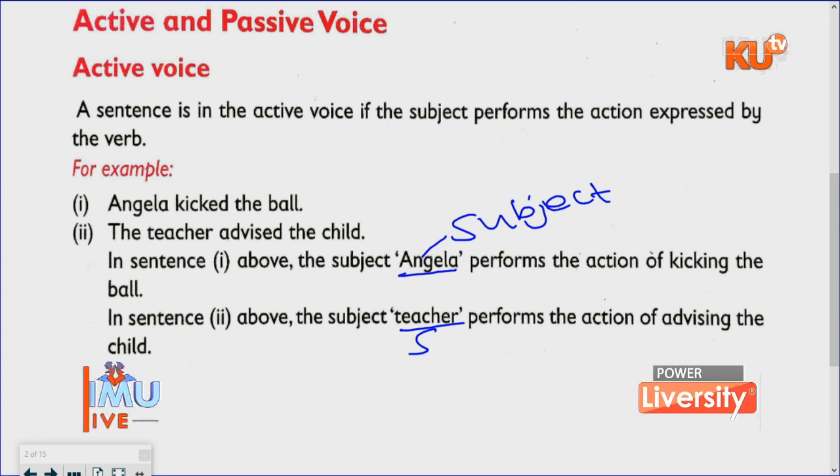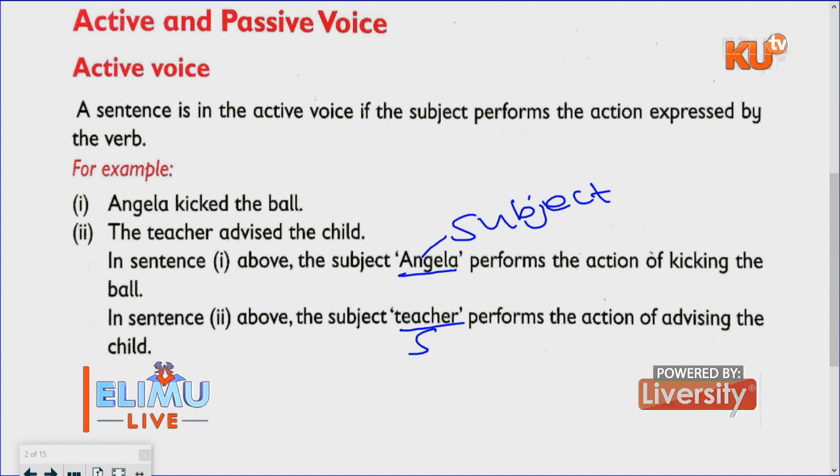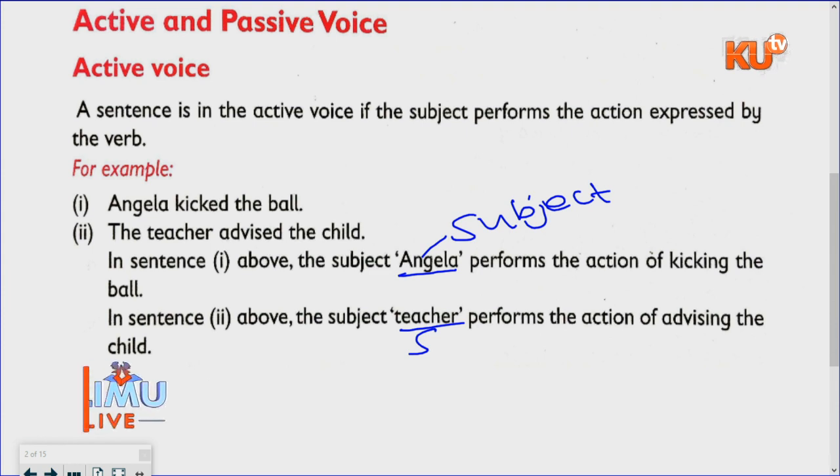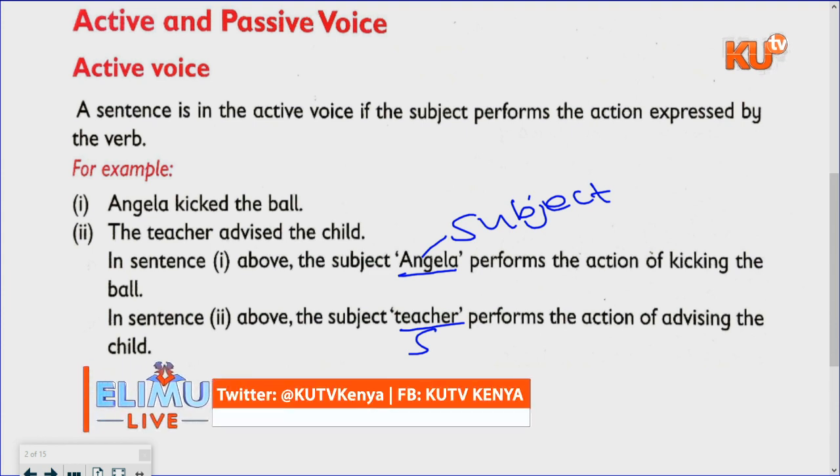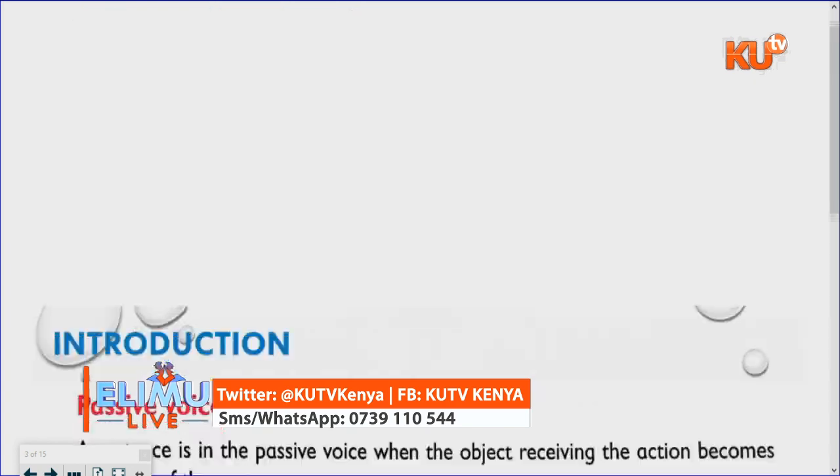Advised is the verb. And in the first sentence, Angela is the subject, kicked is the verb, which shows us the action. Then the ball is the object because it's actually a direct object because it receives the action of that verb. So that is active voice. Let me take you to passive voice.